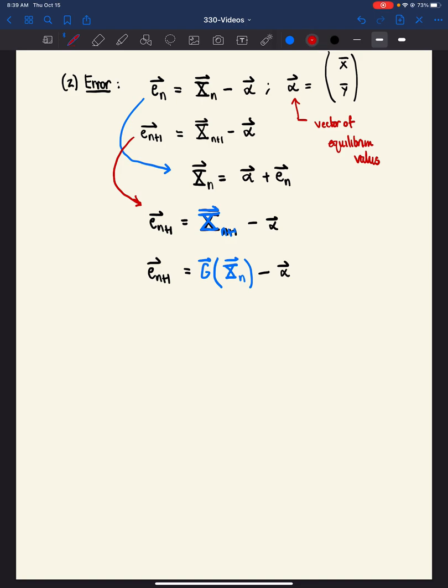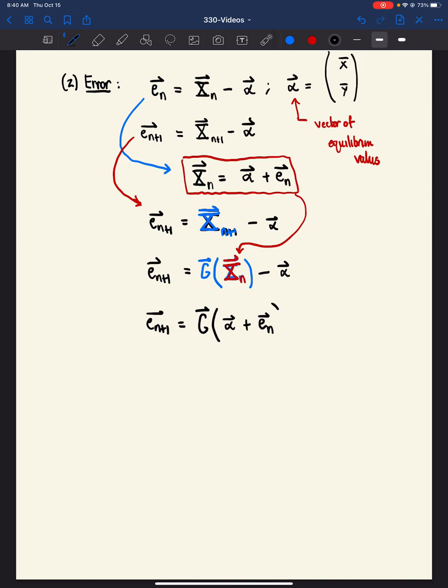And the next thing we can actually do is go ahead and substitute in what we know x n vector to be in terms of the equilibrium point and the distance we are away from that point. So we're going to go ahead and substitute that in next. So our next error term can be written in terms of our iterative function g evaluated at our equilibrium point, alpha vector, plus the previous error term, E sub n.